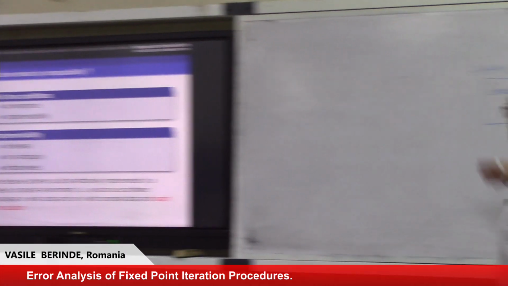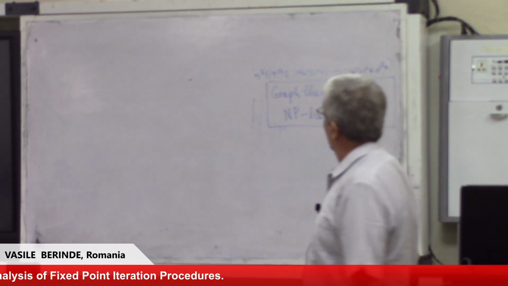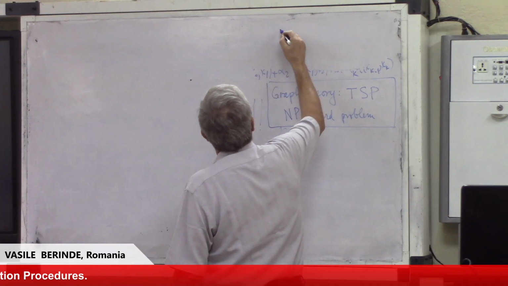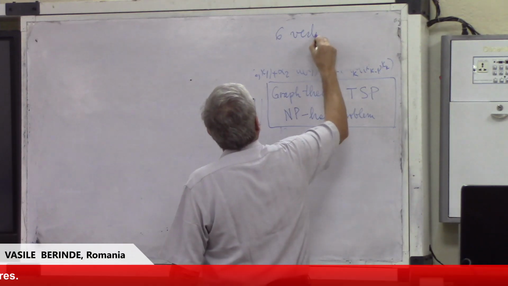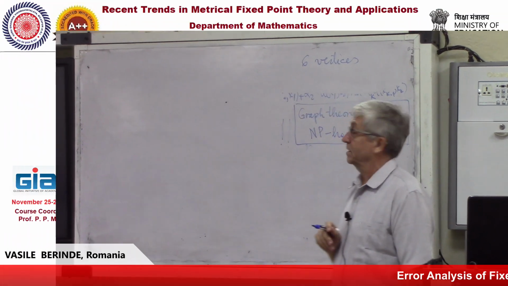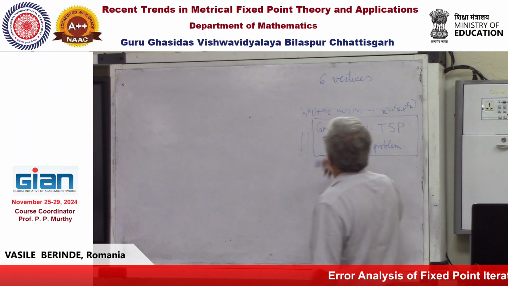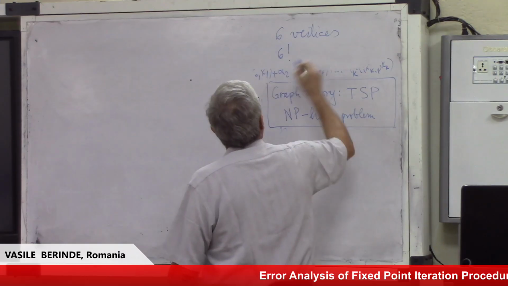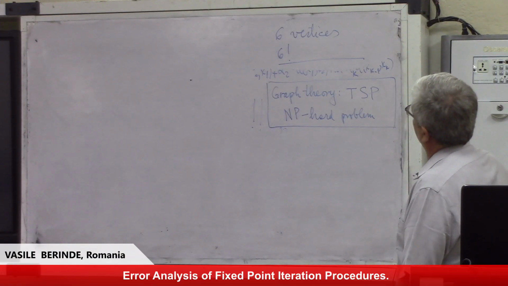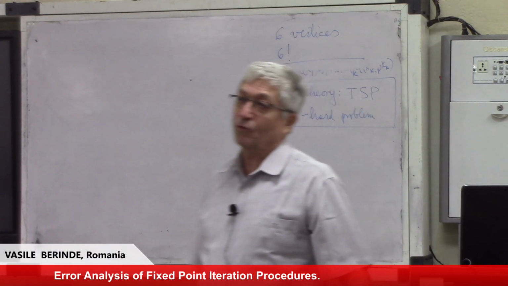For this problem, it is known that if we have a graph with, let's say, 6 vertices, and we need to solve the traveling salesman problem, we need 6 factorial ways to check which is the optimum.